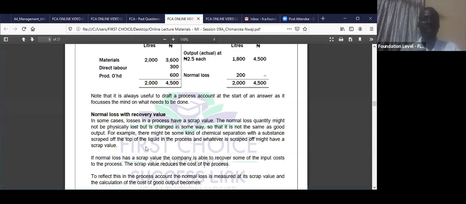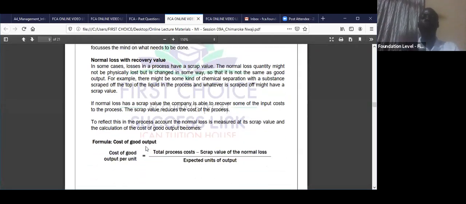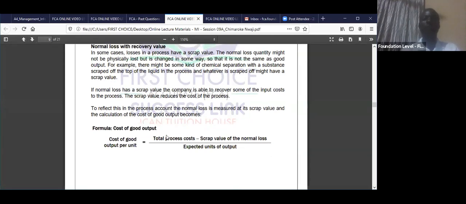All right. If normal loss has a scrap value, the company is able to recover some of the input cost to the process. The scrap value reduces the cost of the process. Now let's look at the formula. Cost of good output is the total process cost minus the scrap value of the normal loss, divided by the total expected output.